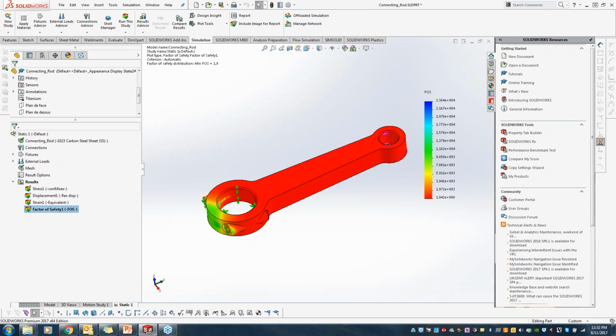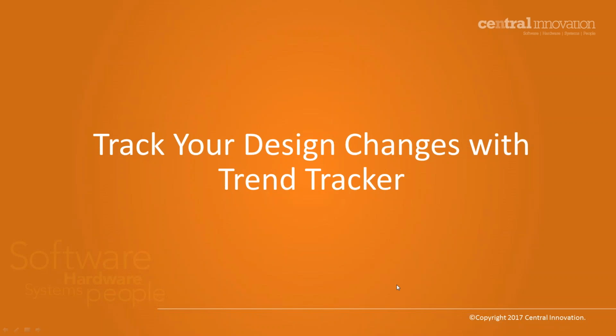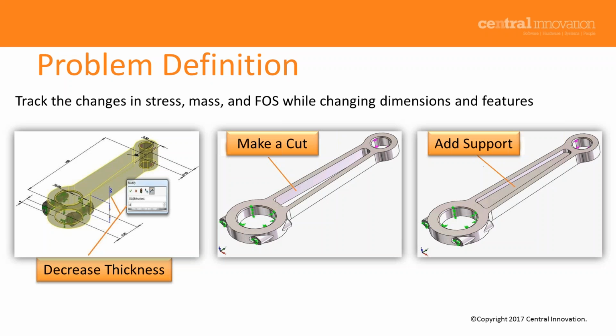In my next question, what I would like to introduce is design changes, and I would like to track them. For instance, I'm happy with what I got initially, but what if I make the thickness decreased?